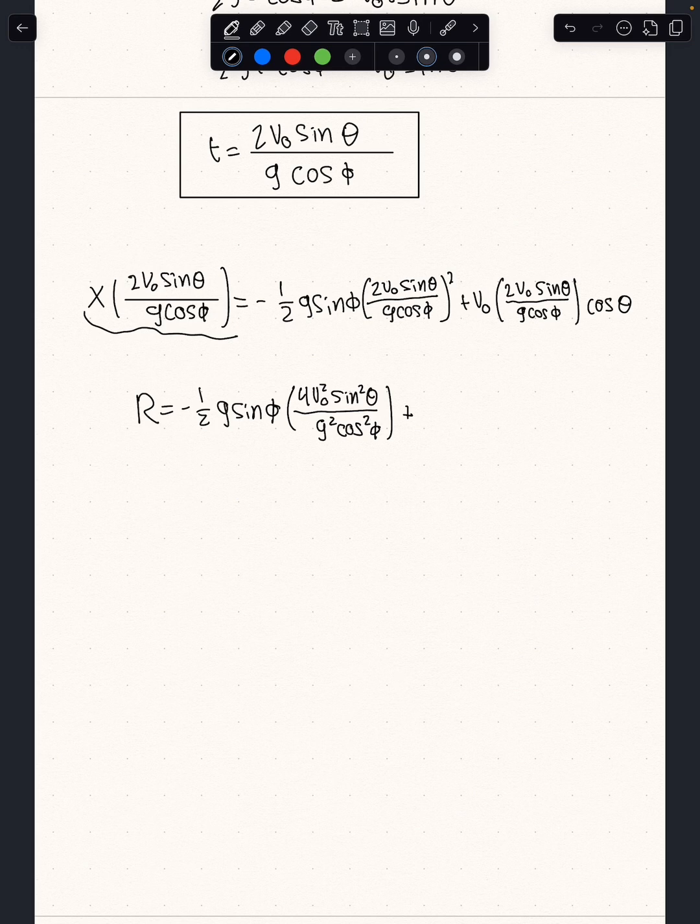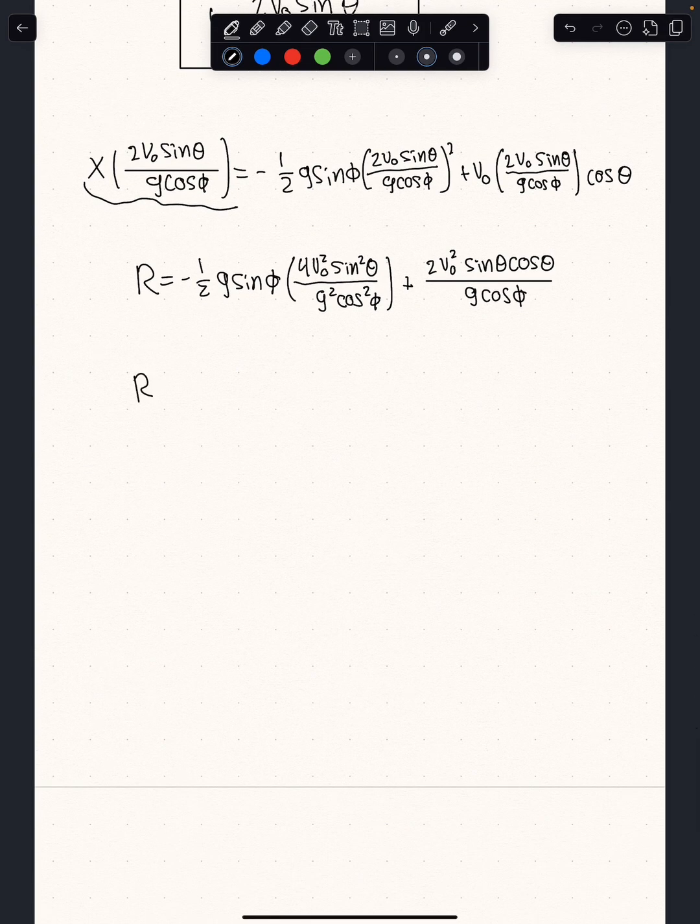And then plus, if we multiply in the v naught and the cosine, 2 v naught squared sine theta cosine theta over g cos phi.